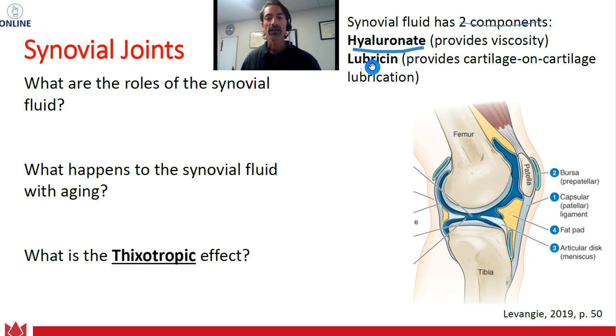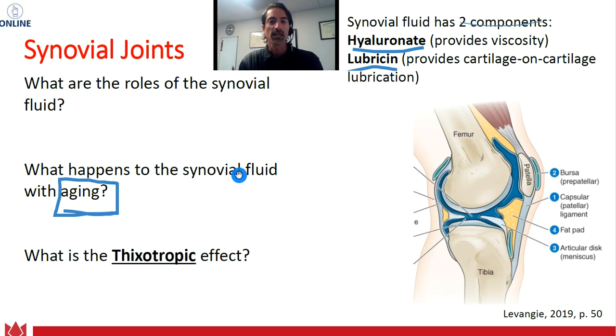So the other thing associated with that, the lubricant, is also going to help with the lubrication. So those things are combined together naturally in our synovial fluid. And then you're probably aware that with aging, the synovial fluid changes. So if you think about what happens to us as we get older, things start to stiffen up.